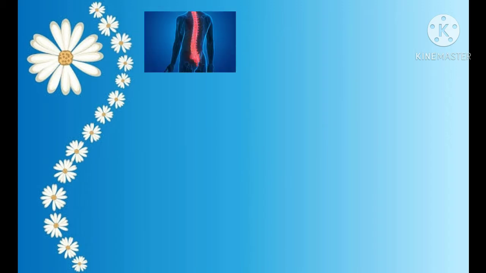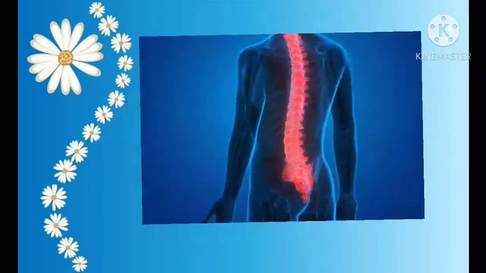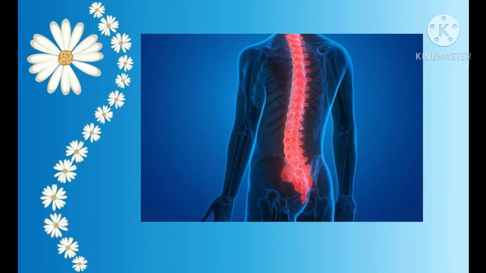I am here to describe the spinal cord. The definition of the spinal cord: the spinal cord is a flat nerve that extends from the central nervous system of the brain and converges and is fortified by the spine.